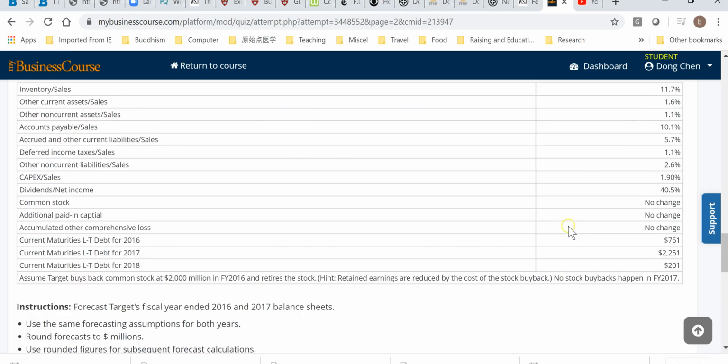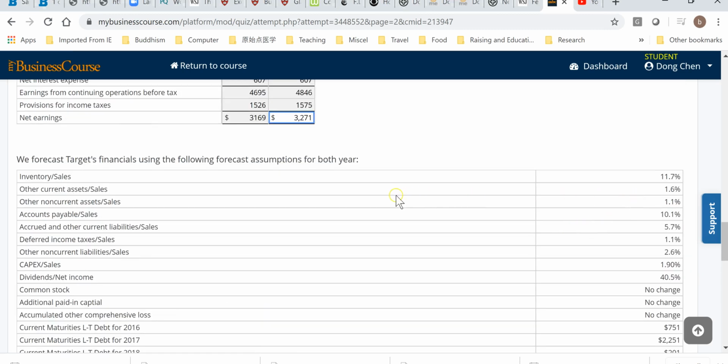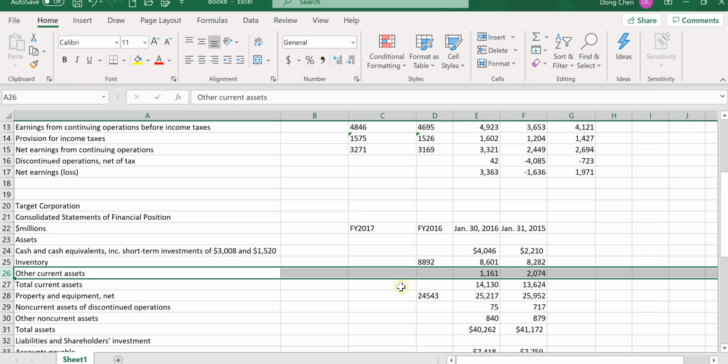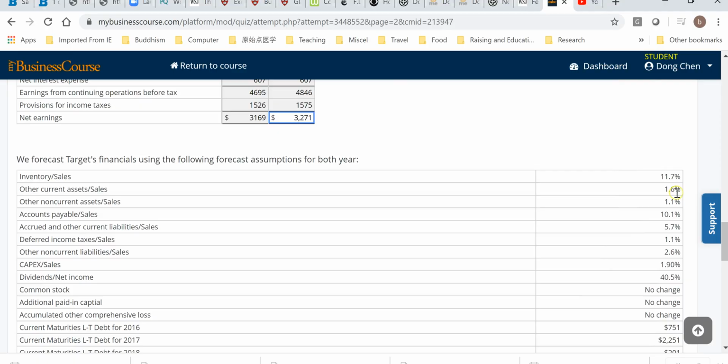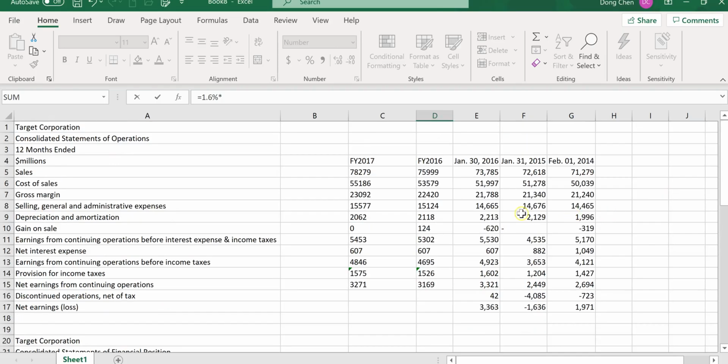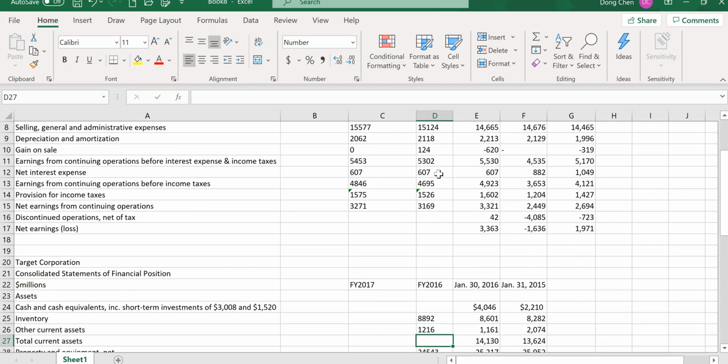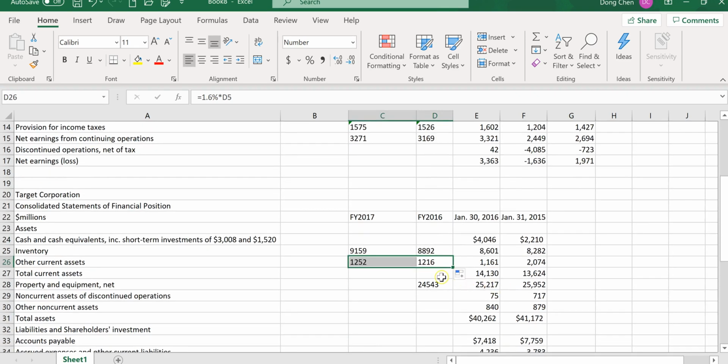And then the next item is the other current assets. So this is going to be 1.6% times the forecasted sales, right? So we move this to the next year, and then we move this to the next year.